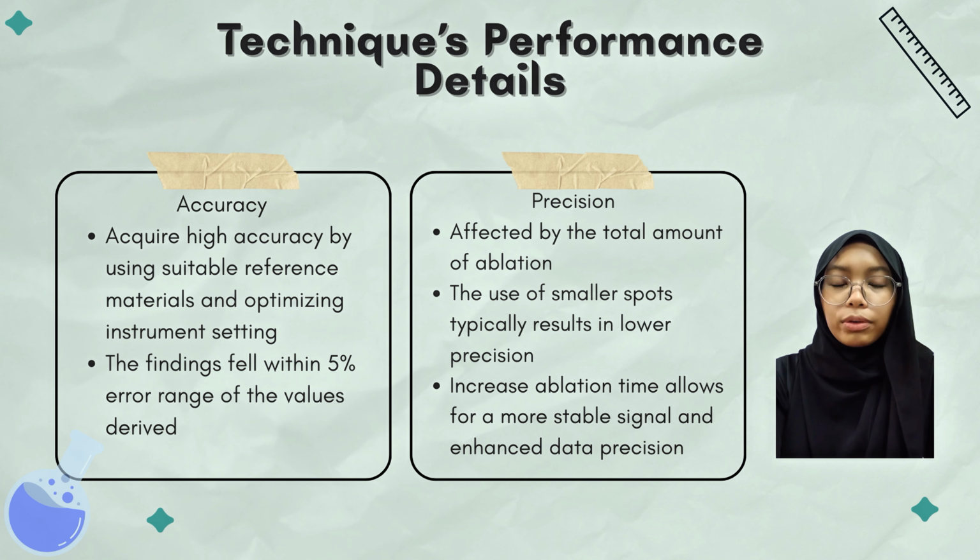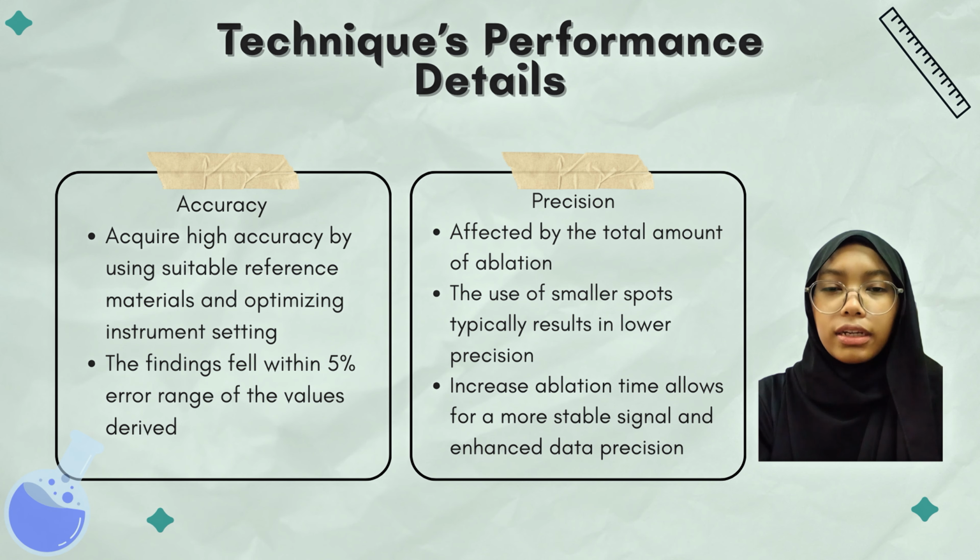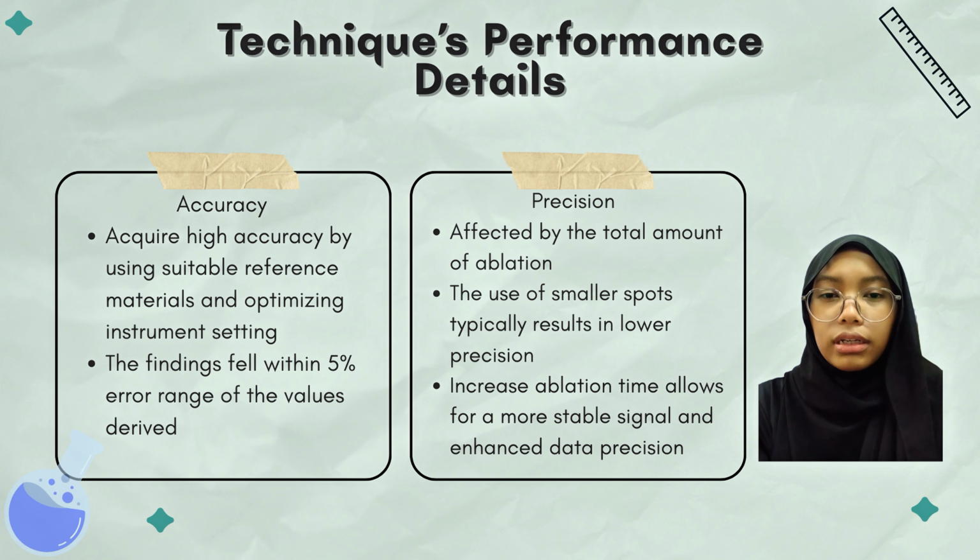Moving on to the technique performance details. This technique achieves high accuracy by using suitable reference material and optimizing the instrument settings. The findings of this study fell within a 5% error range of the derived values. The precision of this technique is affected by the total amount of ablation. The use of smaller spots will typically result in lower precision.